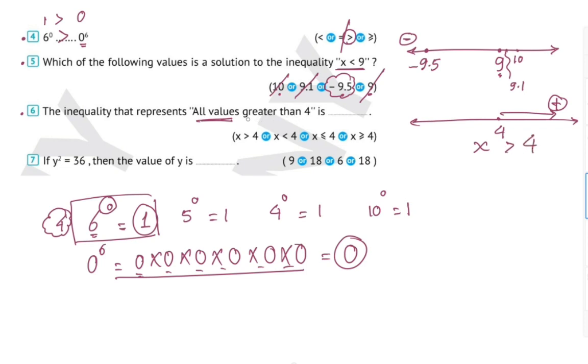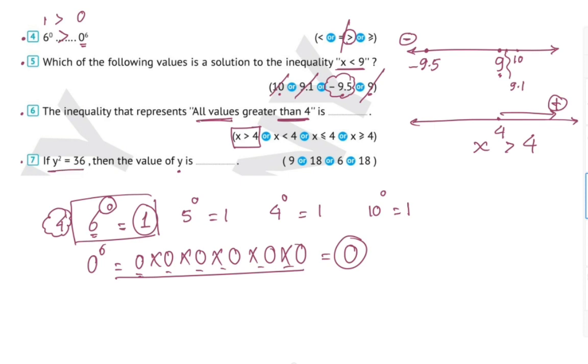Did he say or equal 4? No, there is no or equal 4, just greater than 4 without equal. So I will not put the equal sign here. So x greater than 4. Where is x greater than 4? Here.